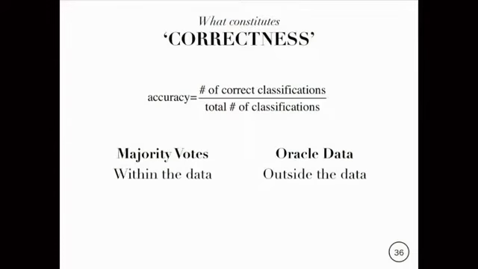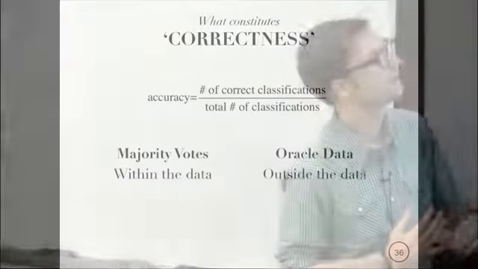The relevant, non-relevant dichotomy is something that's common, albeit possibly problematic, in information retrieval. And then another bit of terminology, what constitutes correctness? I'll talk a lot about accuracy, which is just the probability of a person's contribution being correct.